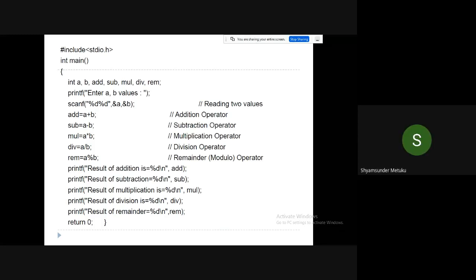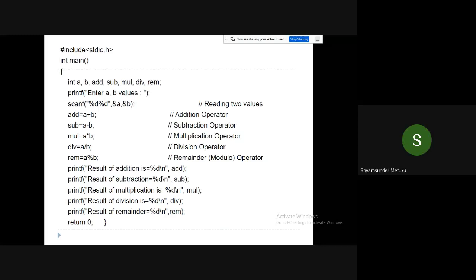The remaining variables are to take the result of different operators. So add is a variable which will accept the addition of A and B. SUB is a variable which can accept the result of subtraction. Similarly, MUL will be used for multiplication. For the quotient, DI will be used. For the remainder, REM will be used. Correct or not? Is it okay?